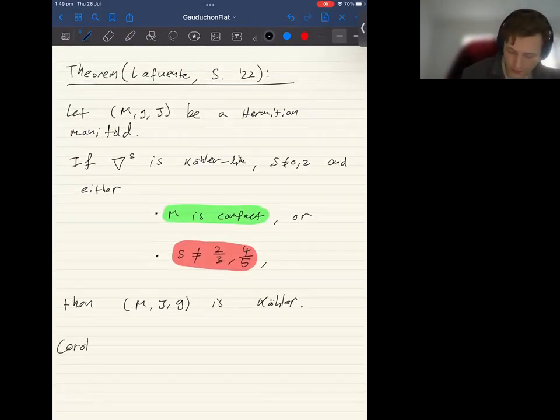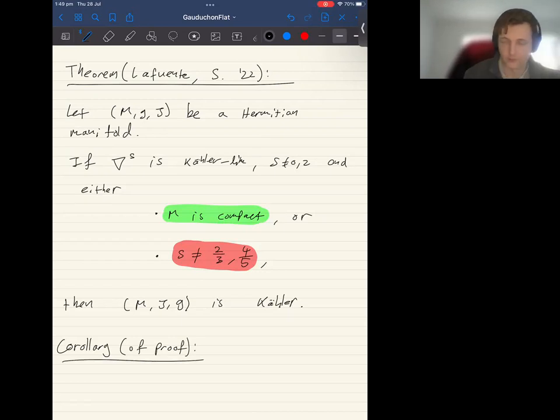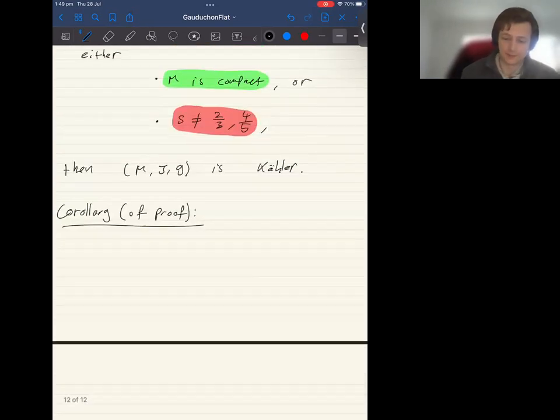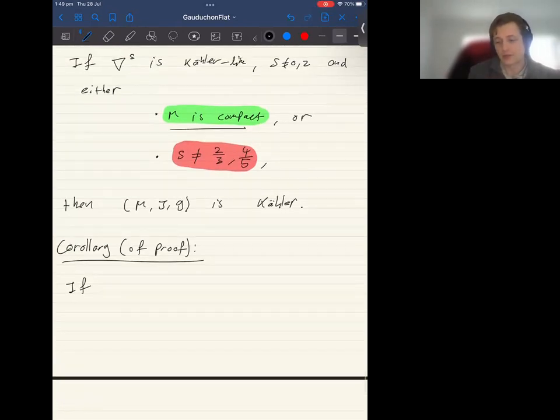Moreover, we have this corollary, and this is a corollary of the proof. It's not of the statement, but of our method of proof. The compactness assumption, we really only use it to show that a certain function attains its maximum, and then we argue from there. So the compactness is not so essential.